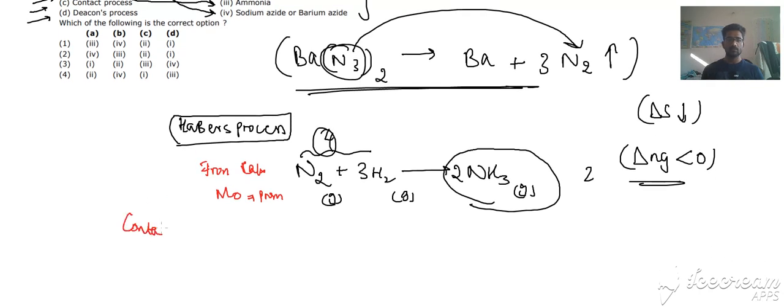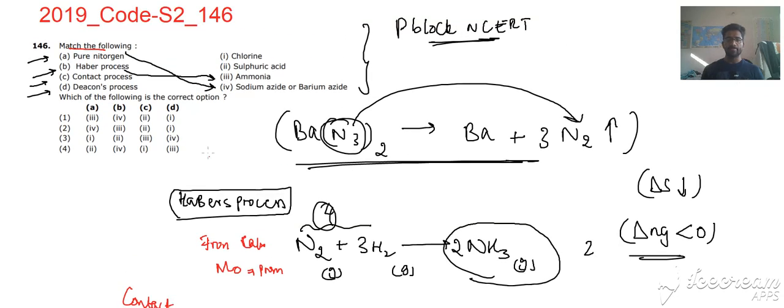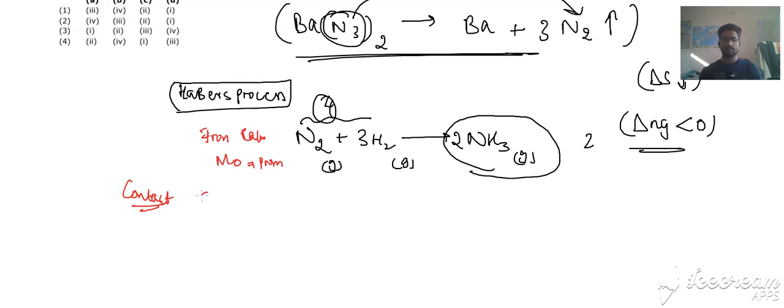Contact process is used for manufacturing of sulfuric acid. So how will sulfuric acid be formed? Basically, it is formed in 3 steps.